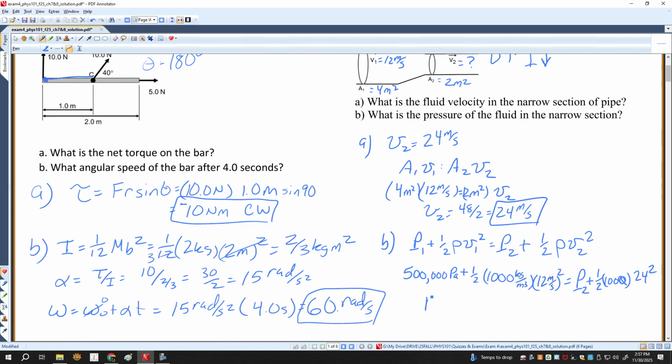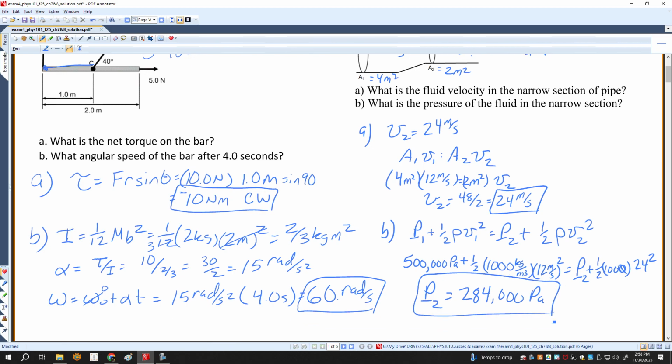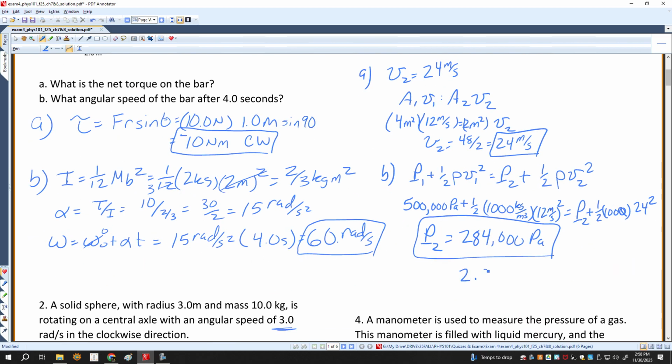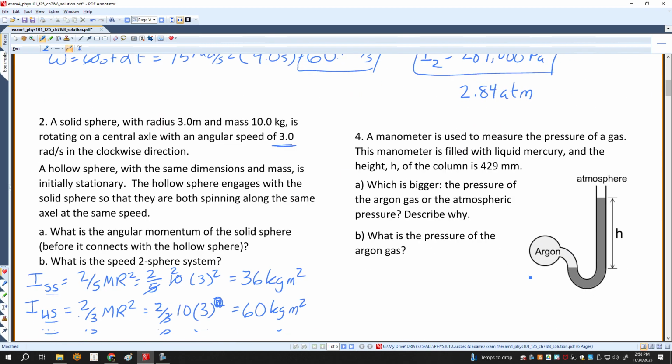And then if I solve that for P2, I'll leave that to you. I get 284,000 pascals, which indeed is less than 500,000. I could also write this as 2.84 atmospheres. Okay, either one of those would be correct.